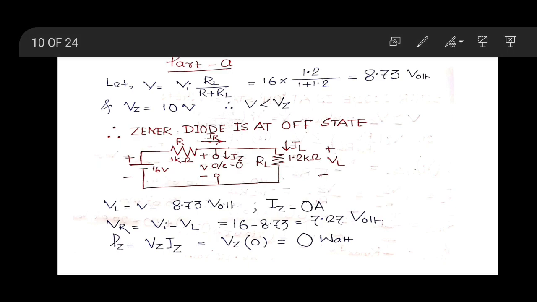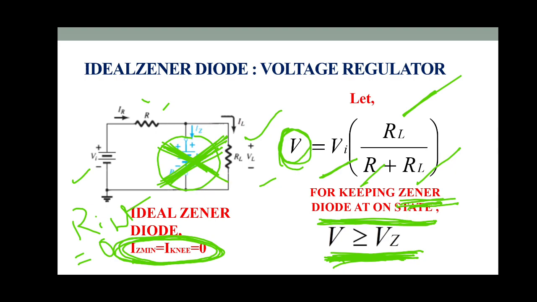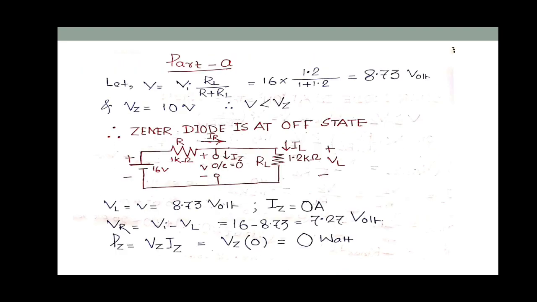First step, what we have discussed earlier, we have to check whether the Zener diode is in the on state or off state. For that, this formula should be used. So let's check. Let V equal V input into RL by R plus RL, that is 16 into 1.2 by 2.2, that is equal to 8.73 volt.